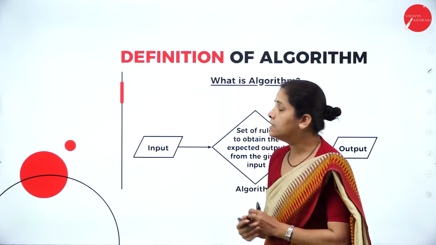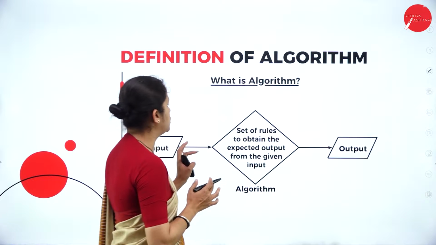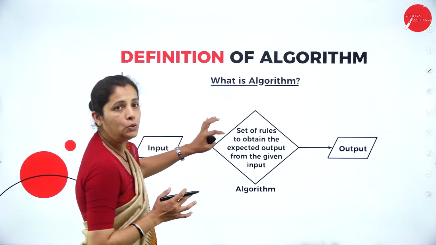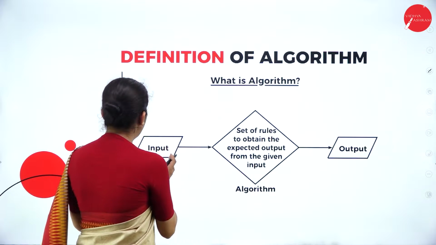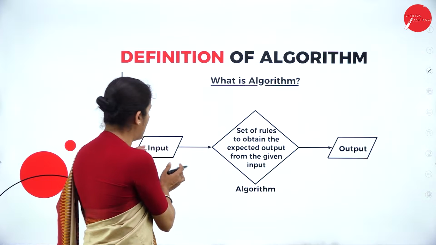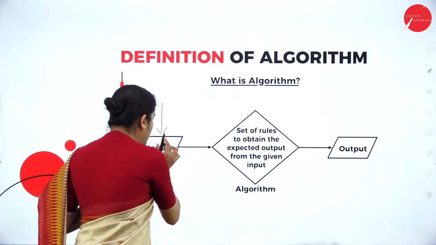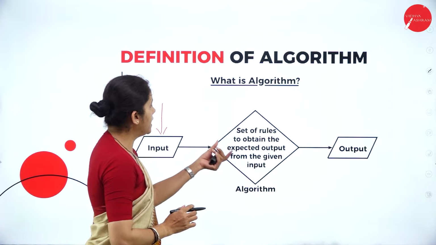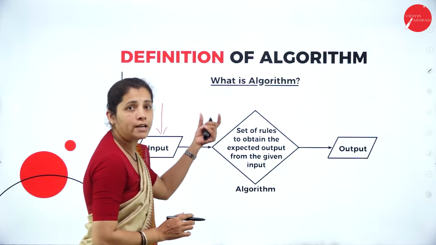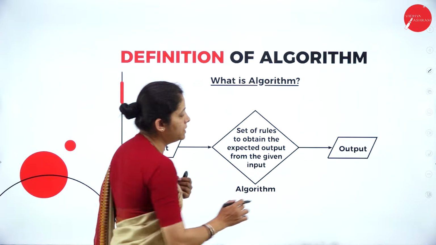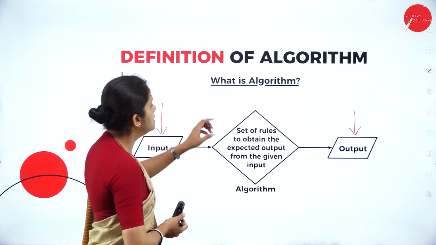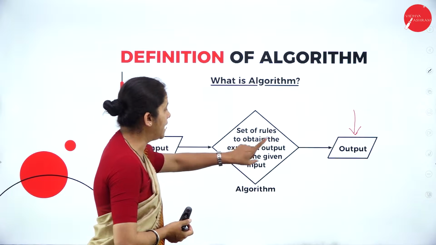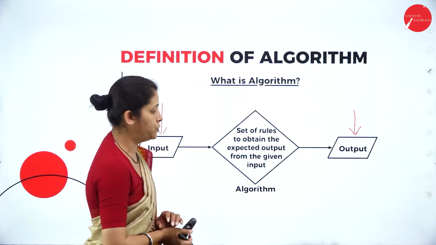Now, dear students, if I consider this flow chart, let me define what an algorithm is. I'm going to have the input, then the set of rules, and along with that, I can expect the output. So here, a set of rules to obtain the expected output.